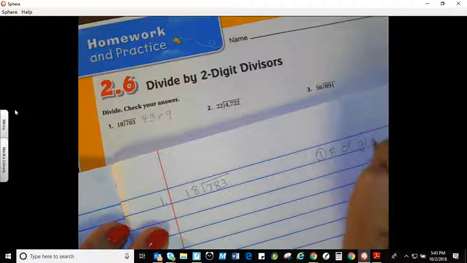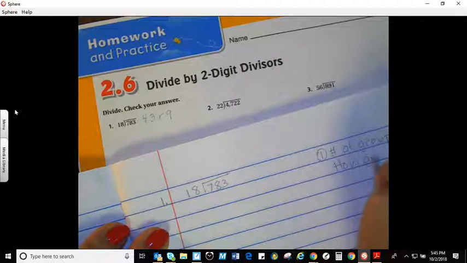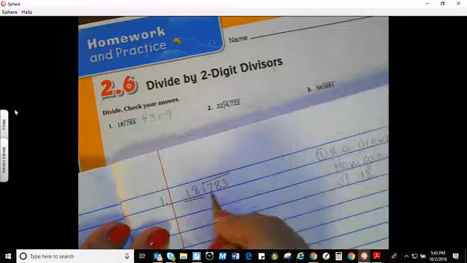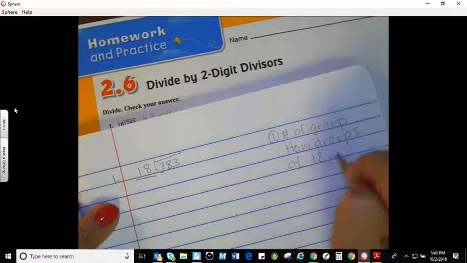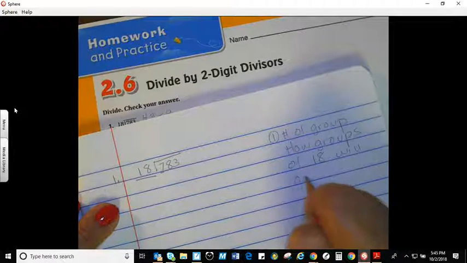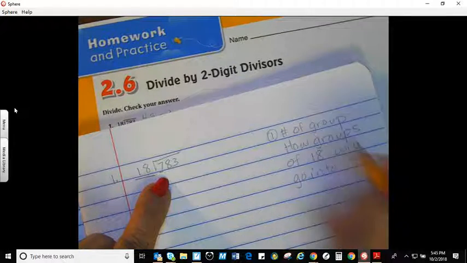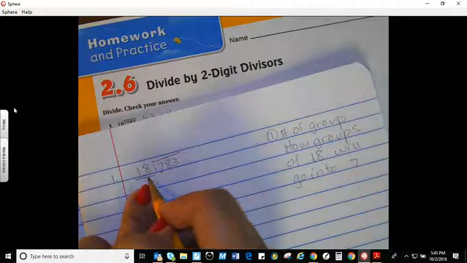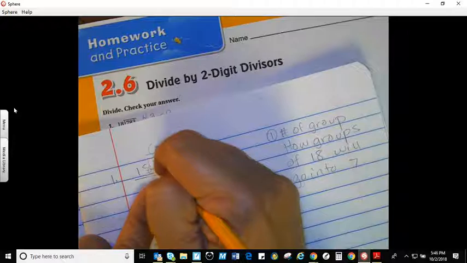How many groups of 18 will go into 7? Because I'm splitting this up. Well, it will be 0 because 7 is less than 18, and it has to be equal to or greater than. So I'm going to put a 0 on top.